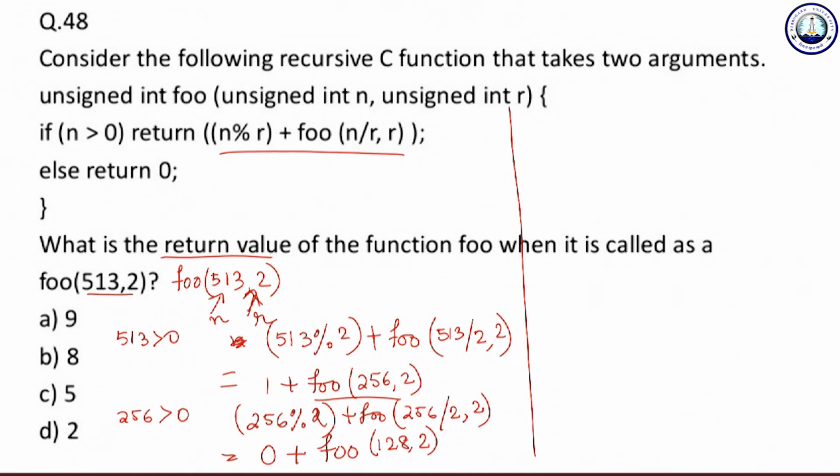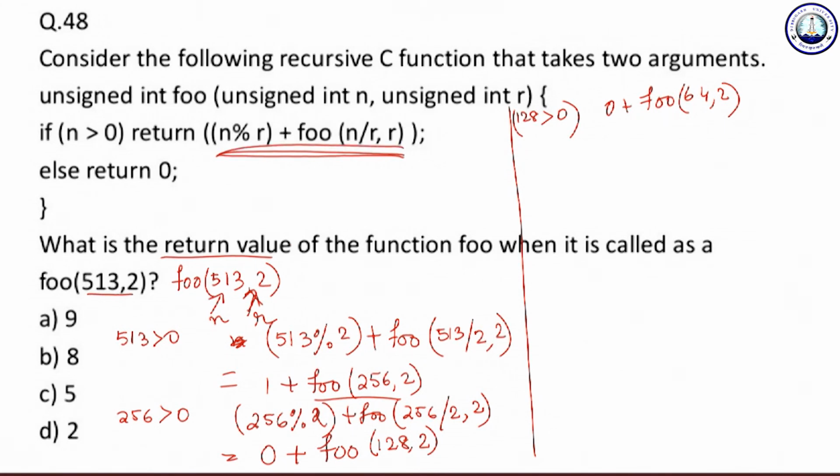128 again you will divide. 128 is greater than 0. So, it will be 0 plus foo of 64, 2, because I am putting it in the same formula. Okay.